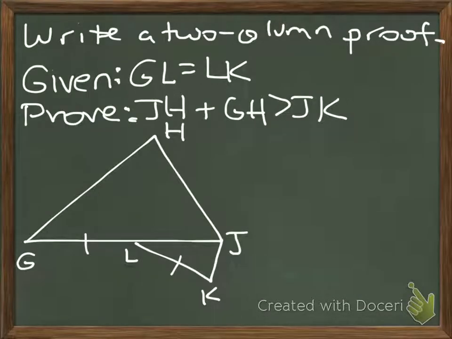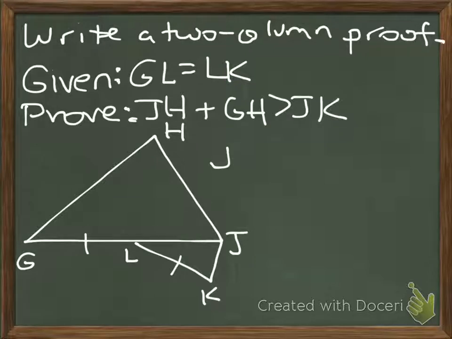And then the third one, we're going to try and prove that JH plus GH is greater than JK. It gives us that GL is equal to LK. So the first thing we're going to do is test out the triangle inequality theorem.